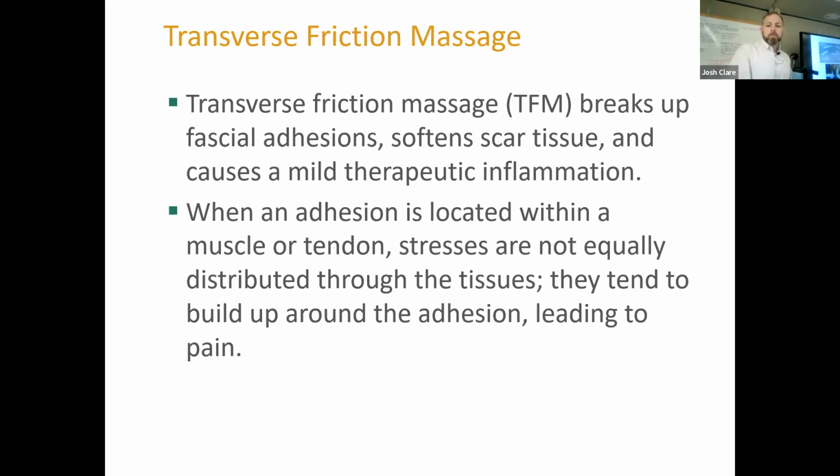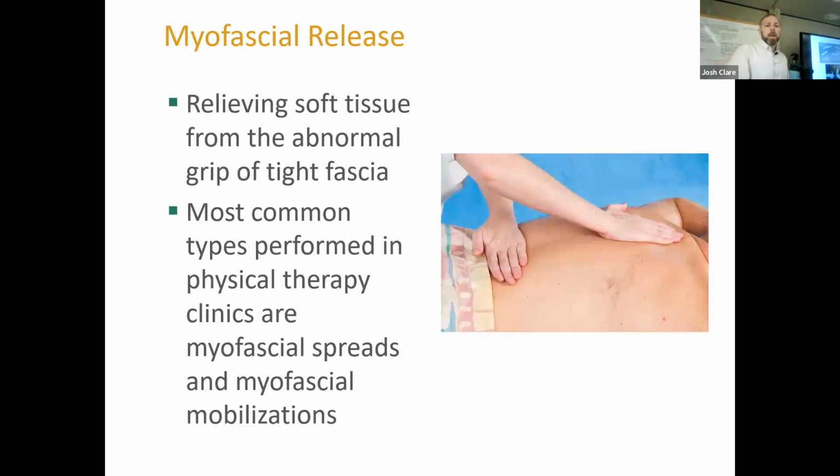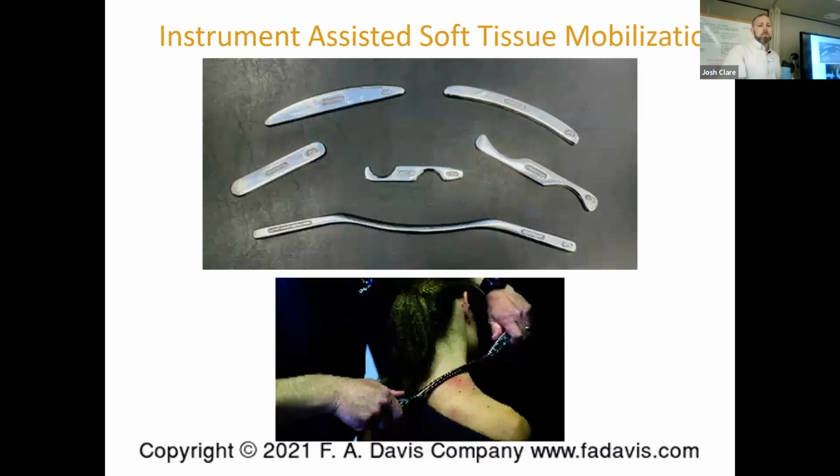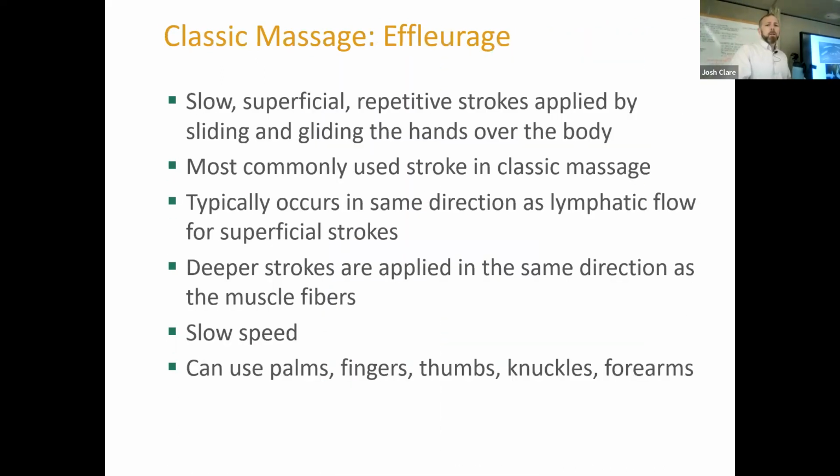What Robert was saying was these tools can be used for exactly what we're talking about, breaking up adhesions. Stainless steel tools, instrument-aided soft tissue mobilization, also Graston techniques. We'll talk about that in a little bit.